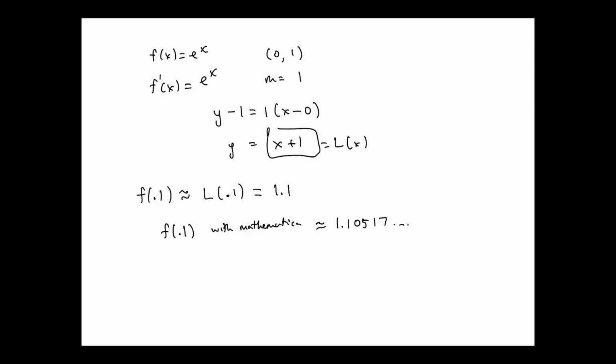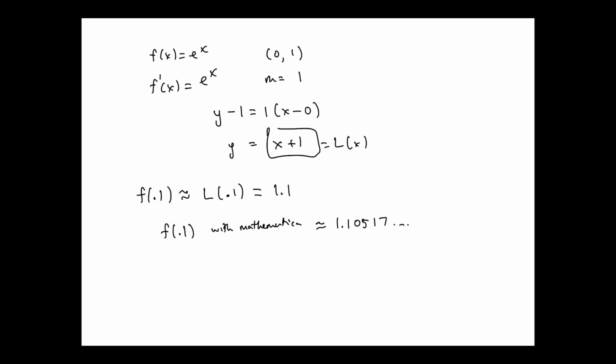This is something that we did last time. If I want to approximate a function, I can use this tangent line instead, provided that I'm pretty close to the point of tangency. If I'm really far away, then I'm going to get just absolute garbage. If I did this with 5, I would get 6. E to the 5 is a hell of a lot bigger than 6.